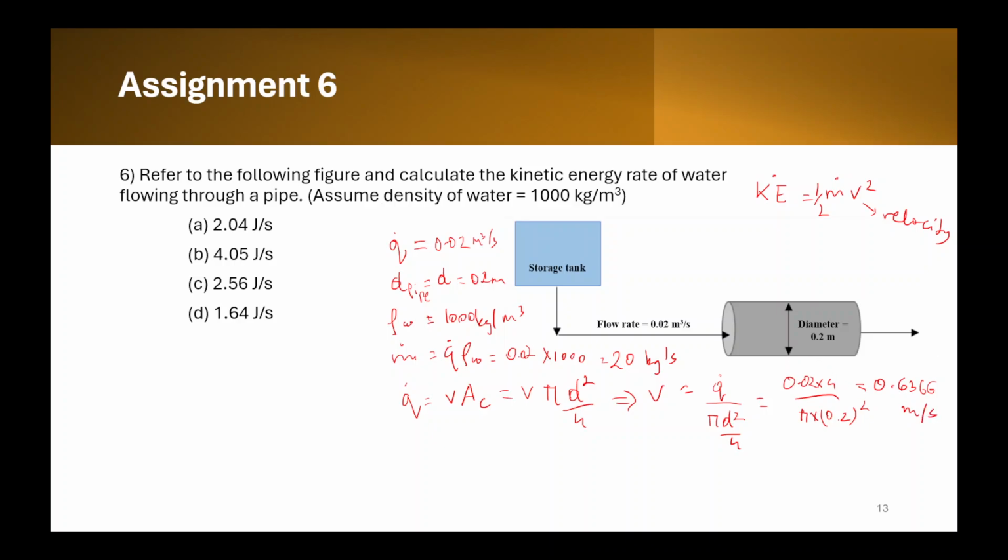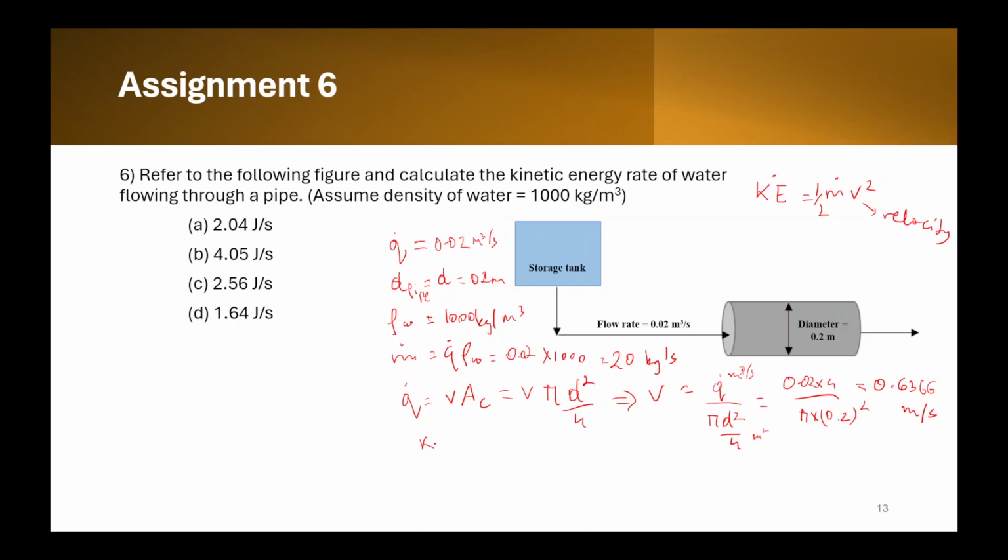Let me check the units. This is meter cube per second, and this is meter square. So meter square gets cancelled from meter cube, so meter per second. So velocity is 0.6366 meter per second.